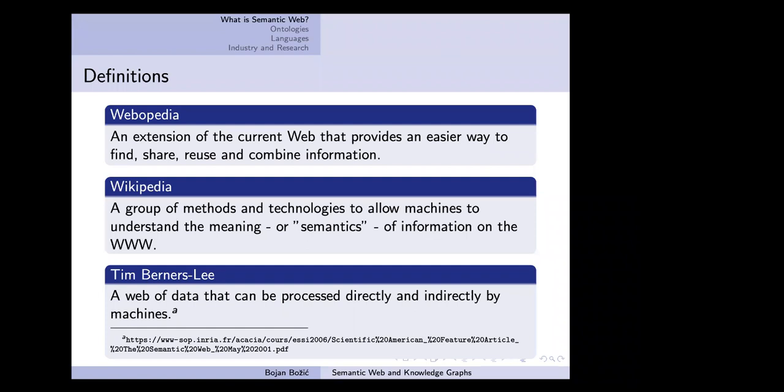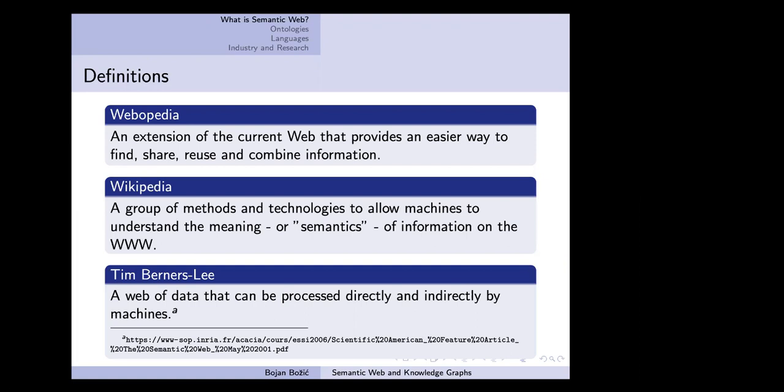So this means that we want to structure information in a way that can be understood, but also reused by machines. And by this definition, semantic web would actually be a competing technology to artificial intelligence or machine learning.